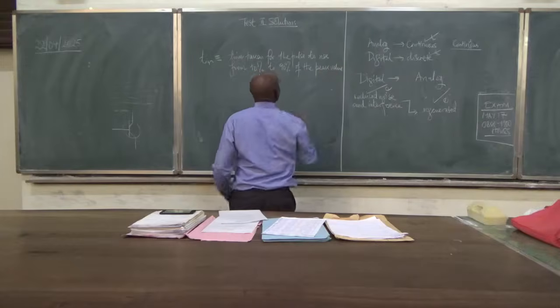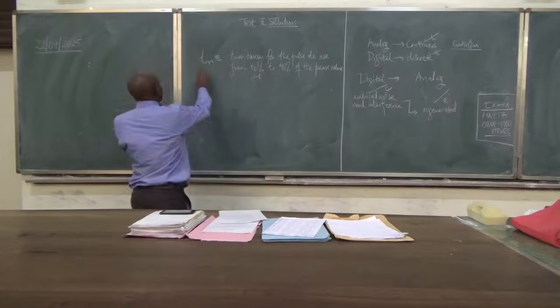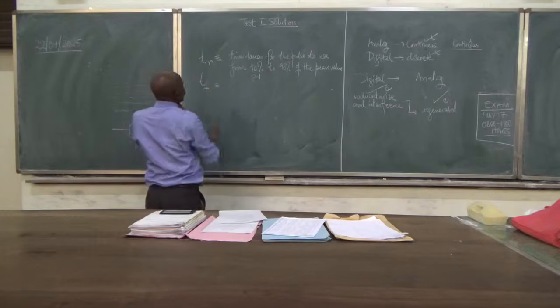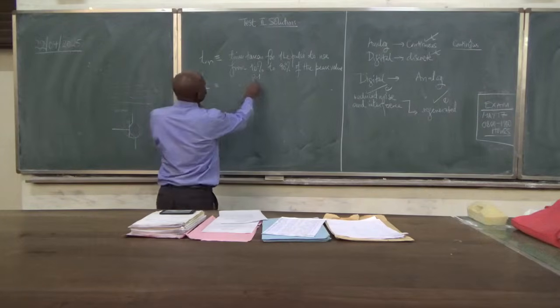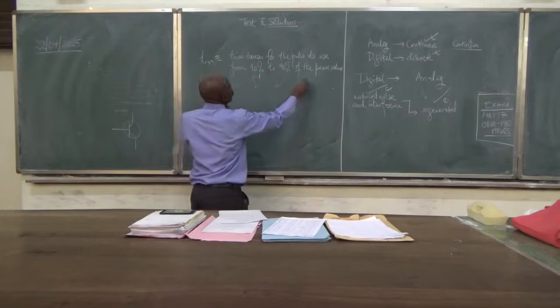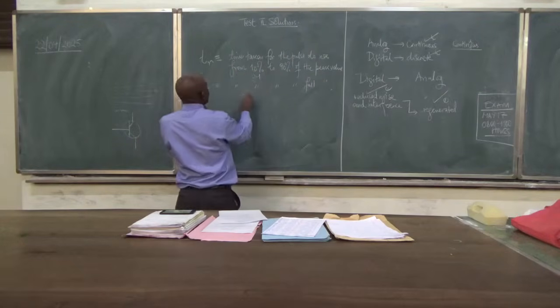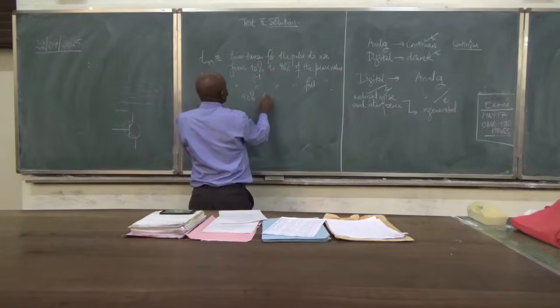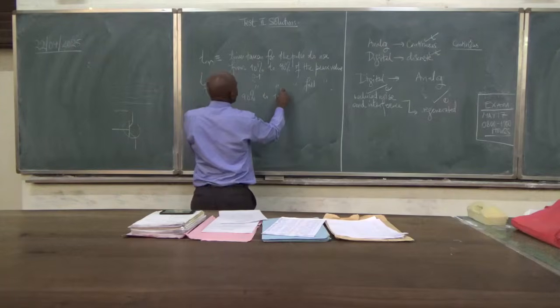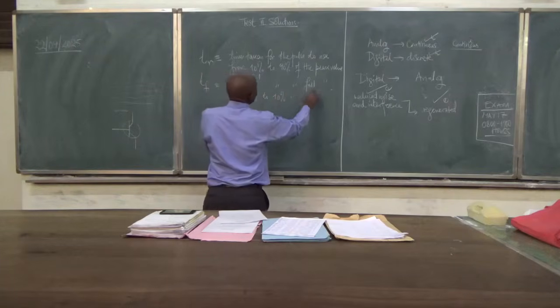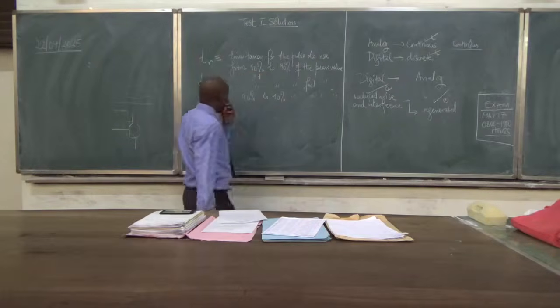Fall time is the time taken for the pulse to fall from 90% to 10% of the peak value.